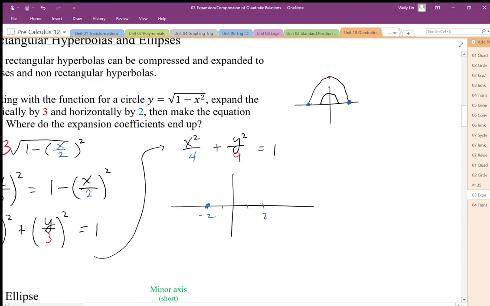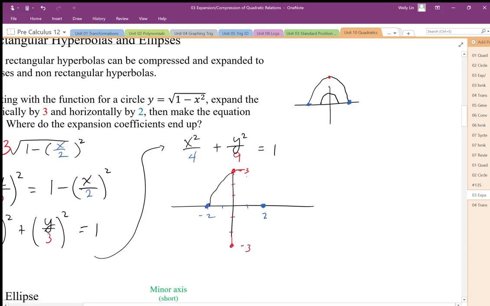That's my horizontal radius. I can then mark my y-axis radius of 3, 1, 2, 3, and negative 3, and then sketch in my ellipse that way.